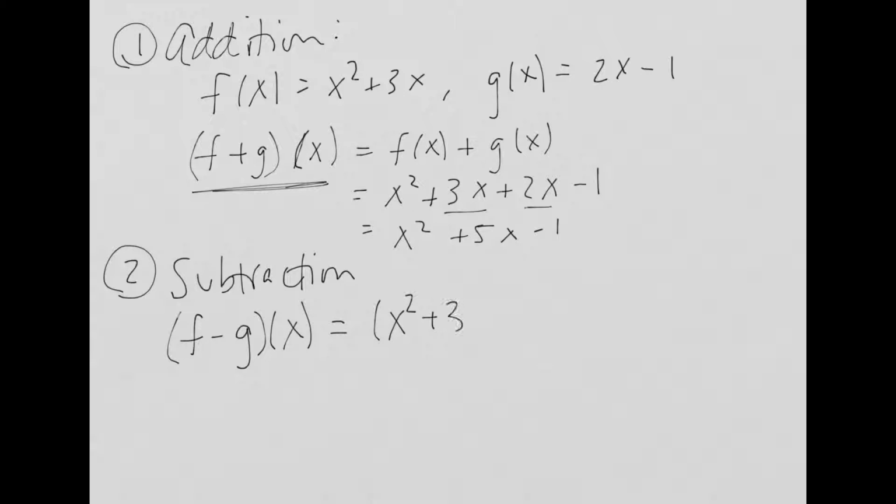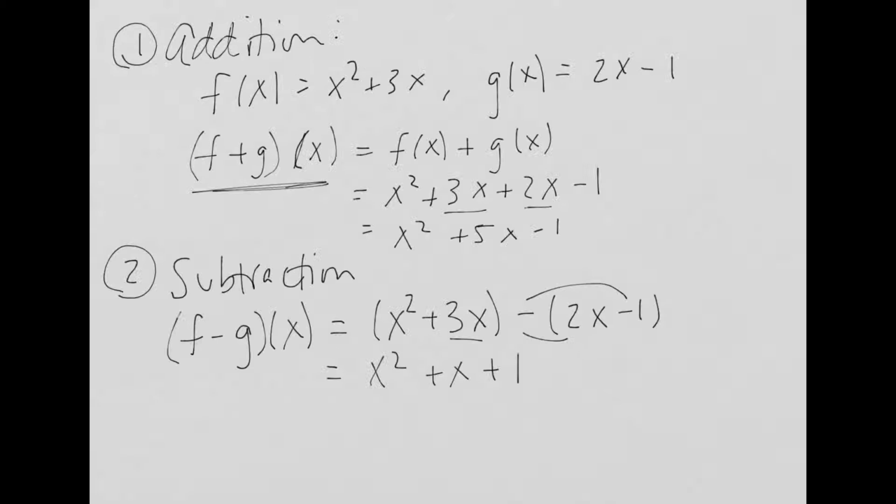So x squared plus 3x minus 2x minus 1. And we're going to be really careful with parentheses here because we're trying to subtract off all of g of x. So that's x squared, 3x minus 2x gives me 1x, and then minus a negative 1 gives me plus 1. So there's my f minus g of x.